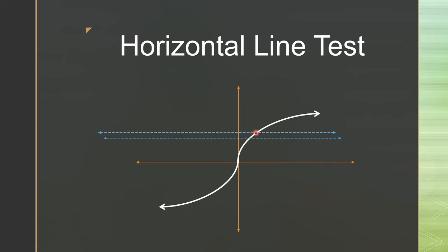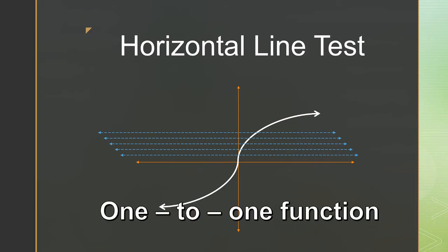So meron tayo dyan one point of intersection. So meaning to say, this graph is a one-to-one function using the horizontal line test. It is because nag-intersect lamang siya dito sa only one point. This point, and this point. And then, this is a one-to-one function.